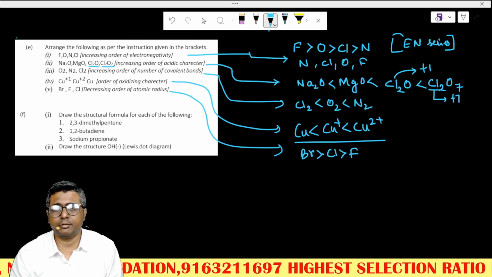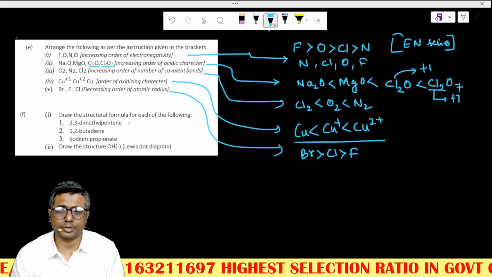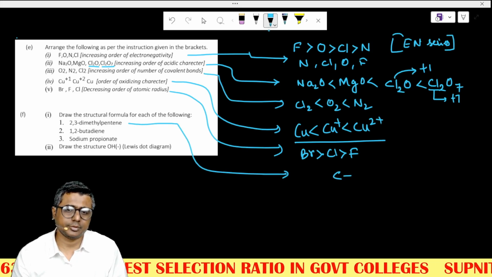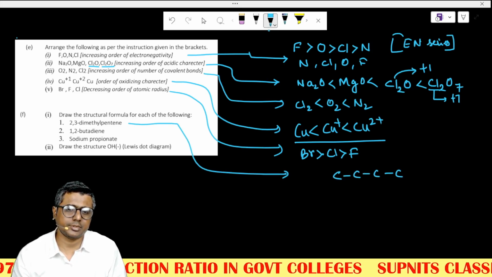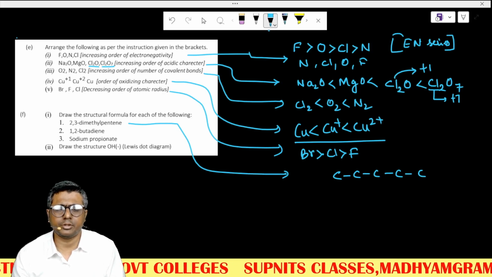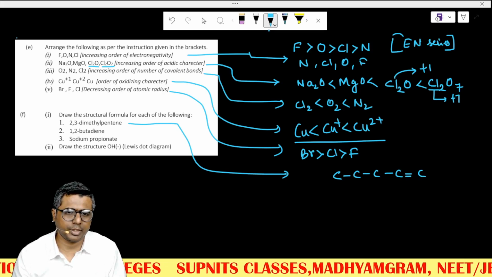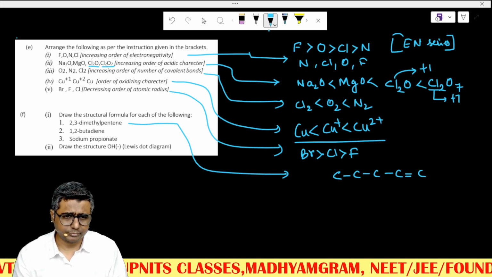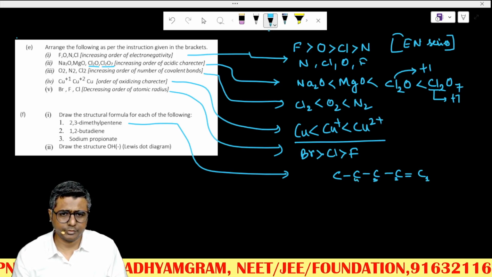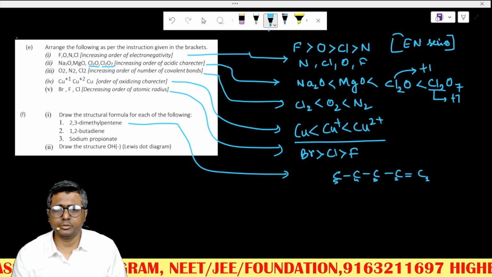Draw the structural formula for each of the following. So how will you draw it? Pentene, C5, 5 carbons. It is said pentene, 1 is not given, that means with carbon number 1 I will go for this. By pencil I will mark this 1 2 3 4 5. 2,3-dimethyl.